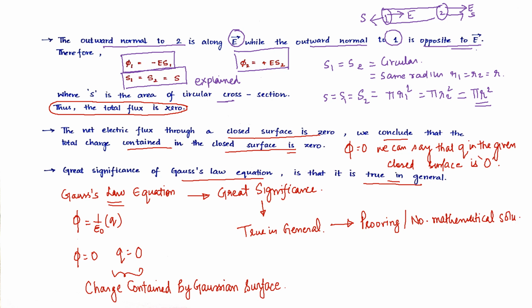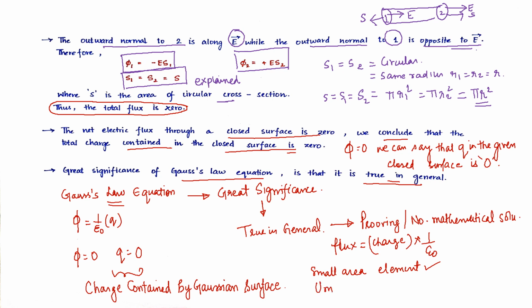And we have proved that the flux is the amount of charge multiplied by 1 upon epsilon naught. So whenever we take a small area element, it is true for that.